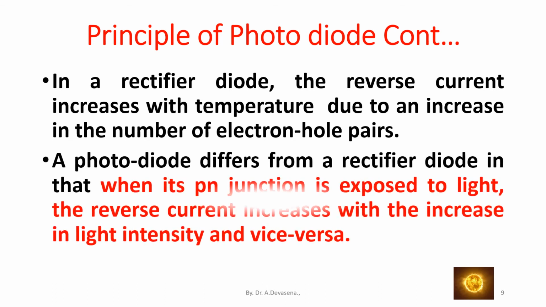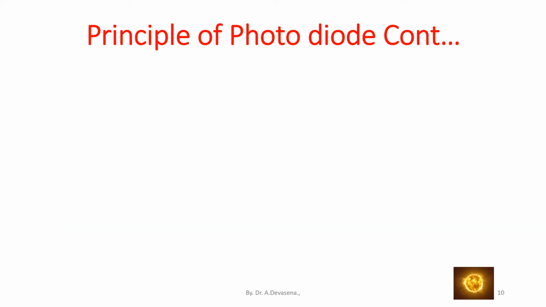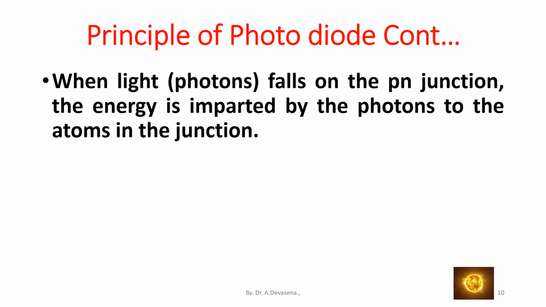A photodiode differs from a rectifier diode in that when its p-n junction is exposed to light, the reverse current increases with increase in light intensity and vice versa. When light, that is photons, falls on the p-n junction, the energy is imparted by the photons to the atoms in the junction.